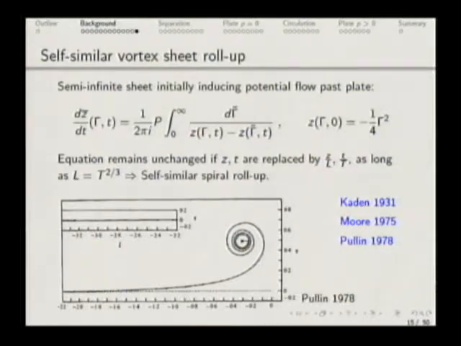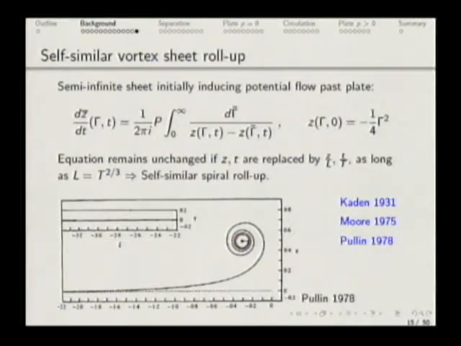So what that means is that your solution at time t and position z is the same as the solution at time t prime and z prime, as long as z prime, t prime look like that. Okay, and that gives you a self-similar shape of the roll-up that was first found by Cardan.